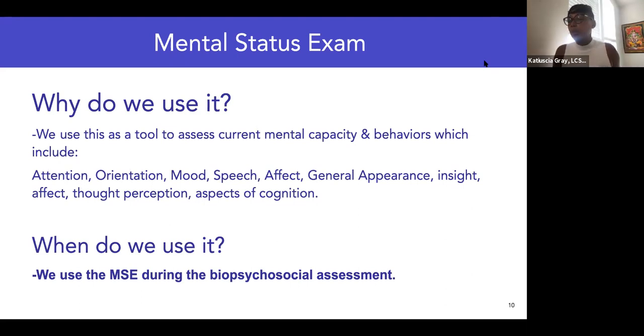How is their affect? Sometimes people's affect is very flat, very emotionless. That is something we need to bring to their attention, because we need to know if this is who they are, or if it is the questions we are asking that make it very difficult to answer. We want to know the aspects of cognition. Are they understanding what we are asking them? Sometimes it's not a cognition issue.